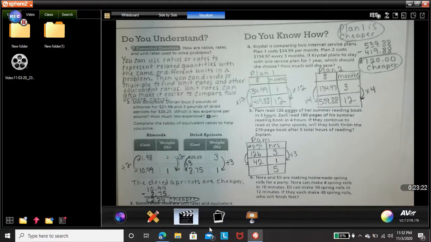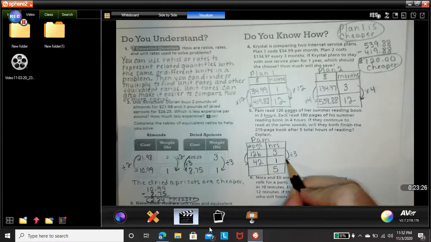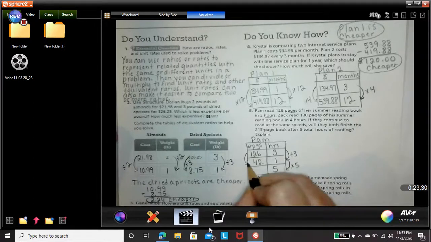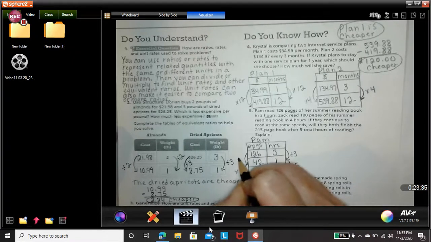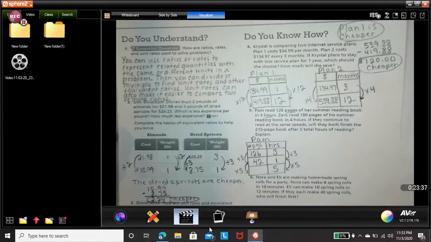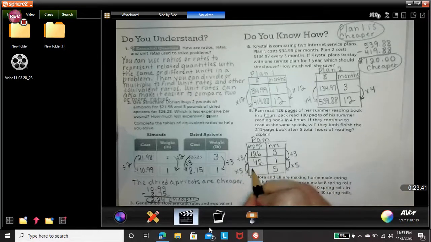Now that we know how many pages she can read in 1 hour, we can figure out how many she would read in 5 hours because we just need to multiply by 5. And 42 times 5 is 210.